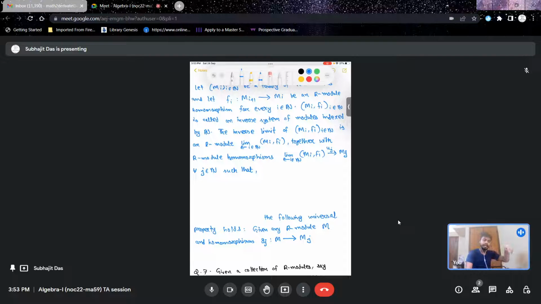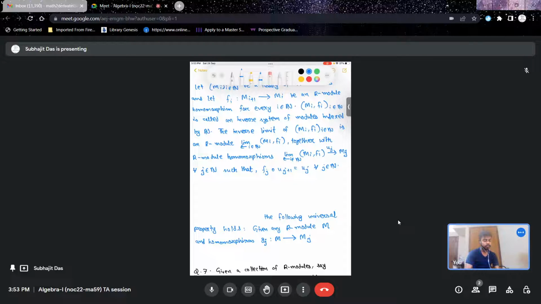So this triangle should commute: Fj composed with uj plus 1 is equal to uj, for all j in natural numbers.